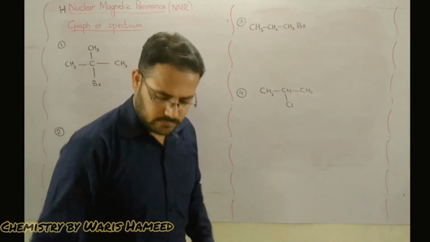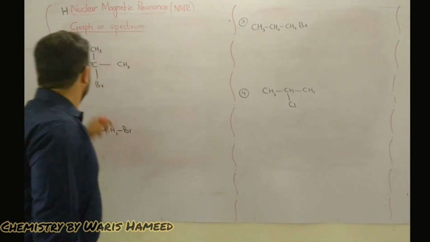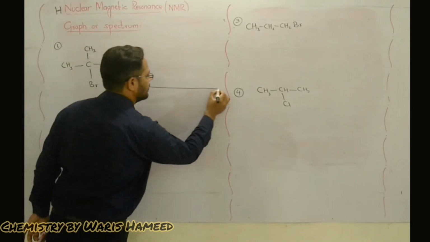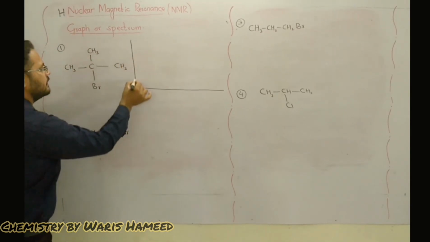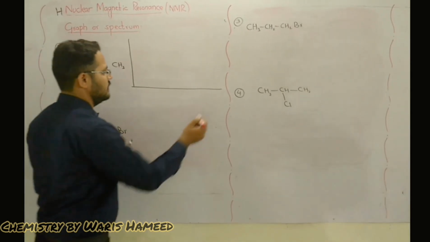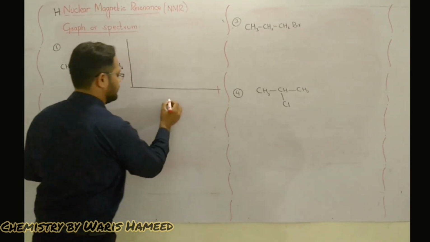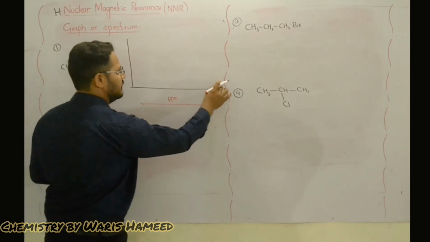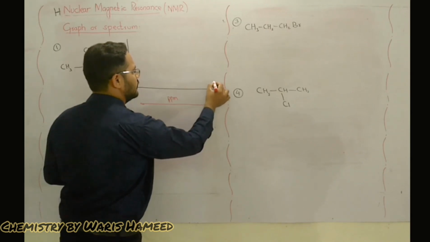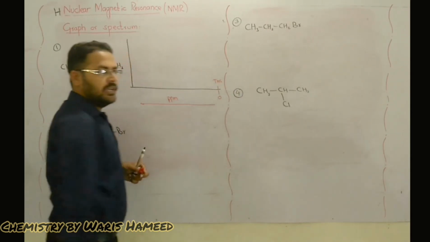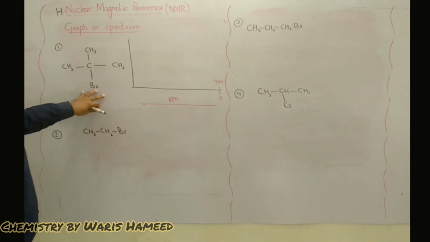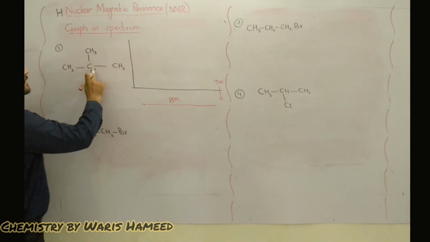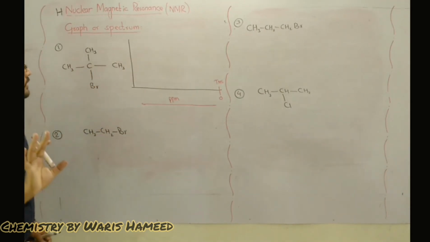Next, for this, what will be the graph? Here is the absorbance and here will be the ppm value, increasing, and 0 shows TMS. In this case, we are seeing that this carbon is linked with this carbon and it has no proton.